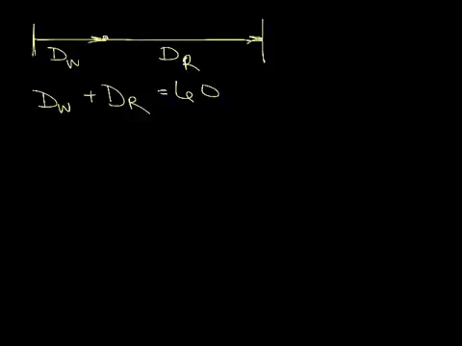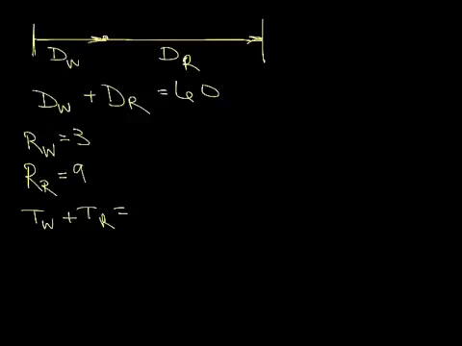So the distance he walked plus the distance he rode was equal to 60 miles. Okay? So what else do they give us? He walked at 3 miles an hour and rode at 9 miles an hour, and the total time of the trip was 8 hours. So let's see what we've got here. The rate that he walked was 3. The rate that he rode, or the speed that he rode, was 9. The time that he walked plus the time that he rode was 8 hours.